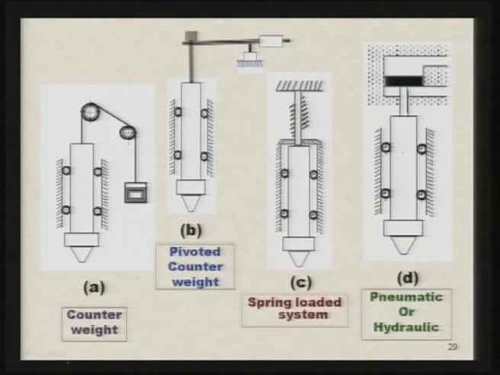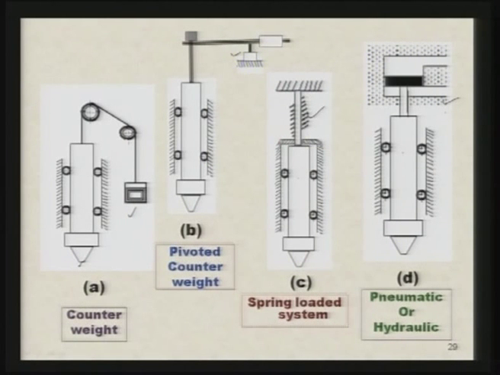These are the 4 different ways with which you can increase the static load. Here you can see as counterweight is changed, the load on the tool here will change. You can change the counterweight with the help of a pivot over here, or you can change the static load with the help of the spring, as can be seen over here, or it can also be changed by pneumatic or hydraulic means over there.